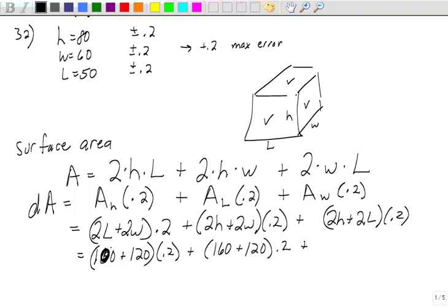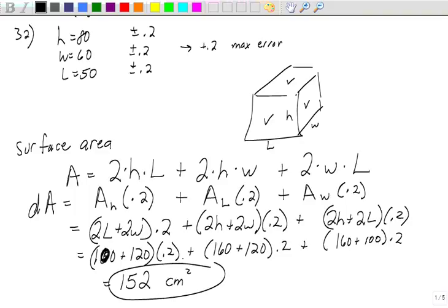L is 50. And if you add all those up, you get 152 centimeters squared. So that's going to be your difference in your area if you measure just 0.2 wrong in each direction. So you get a pretty big error if you do that. Okay, hope this helps.